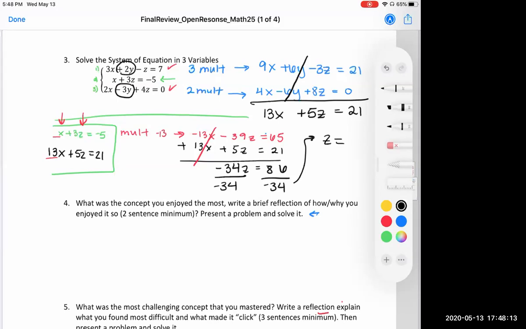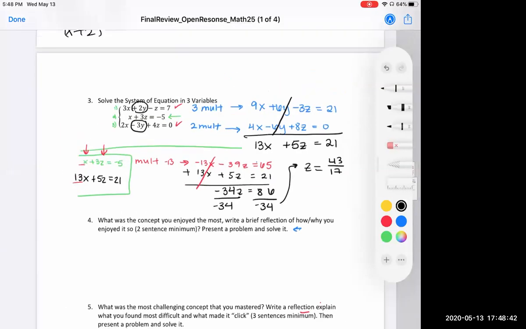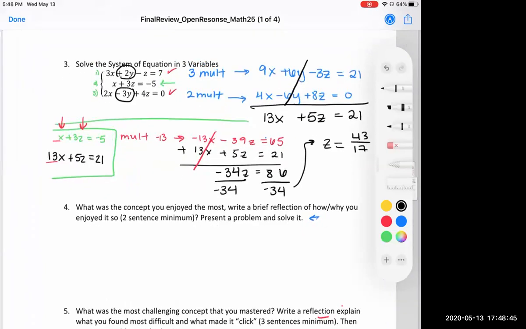Oh man. Okay, so 86 divided by 34, we have to reduce. It reduces to 43 over 17, negative.